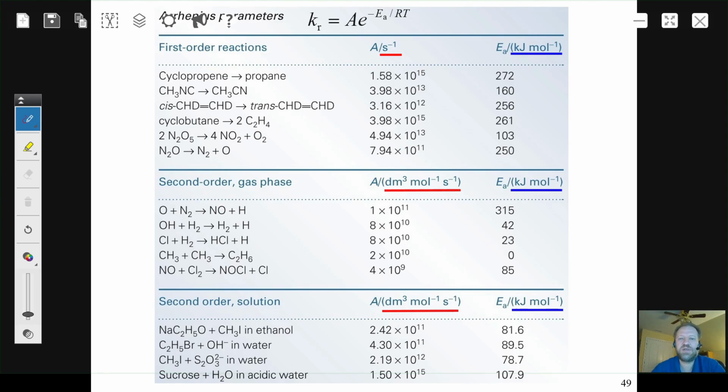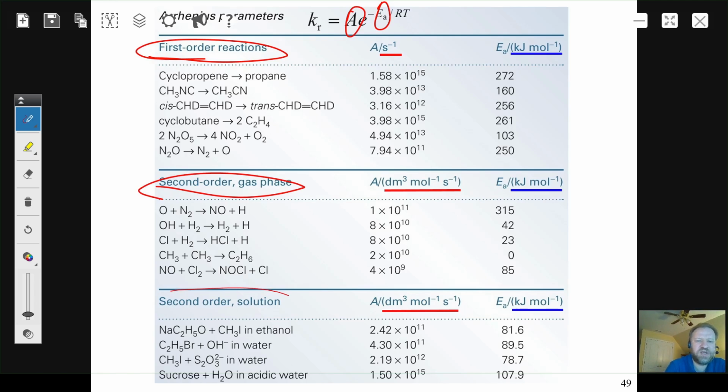Well, in this slide, we are showing Arrhenius parameters, the pre-exponential or frequency factor A, and the activation energy E sub A, for several reactions of different orders. So we have first order reactions and second order reactions in gas phase and in solutions.